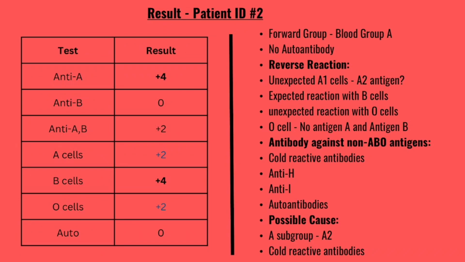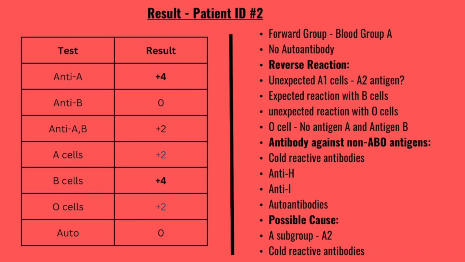So my take on this is that this patient is blood group A. However, there can be a possibility of cold reactive antibody that has caused that very weak reaction on both A1 cells and O cell, thereby leading to that ABO discrepancy. And another possibility is that this person is A2 blood group, and that could explain the reaction.